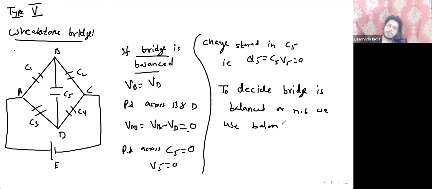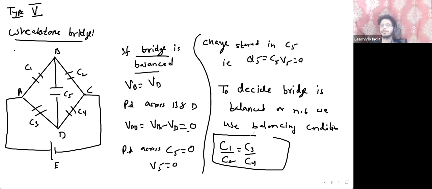It is a shortcut method. And that shortcut condition says if the ratio of C1 and C2 is equal to the ratio of C3 and C4, that means your bridge is balanced. This is known as balancing condition.